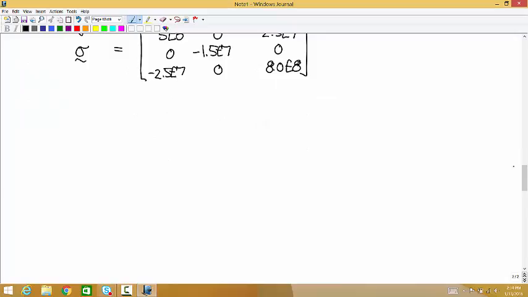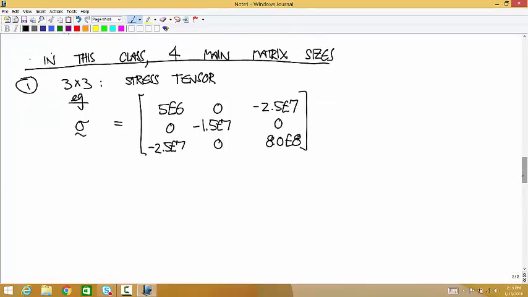So I'm sort of trying to do these in order of importance in this class. The second most important one is a 3x1 matrix. And that's how we're going to represent vectors. Anyone who took statics with me, that's how I represented vectors in statics too.